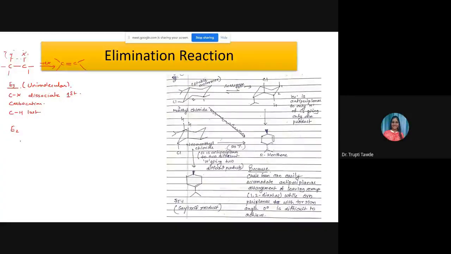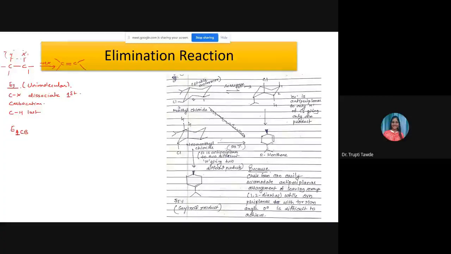Now if you talk about the second one, E2, there are also different types within E2 elimination. One we can call E1, but I'm going to call it E1CB. Let us talk about this first.